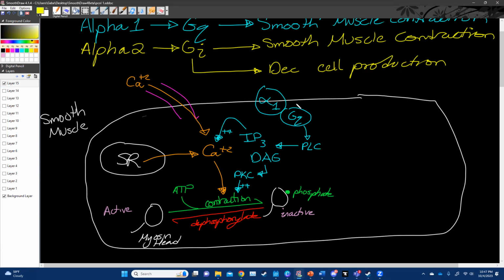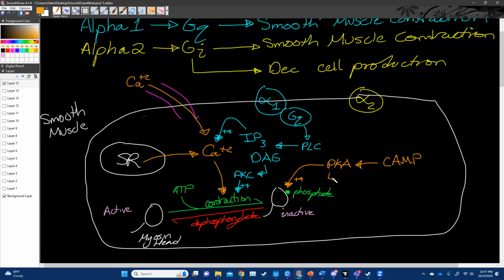The flip side of this is looking at alpha 2. Now, normally what happens in the body is you have CAMP, which activates PKA, and PKA keeps the myosin head phosphorylated.